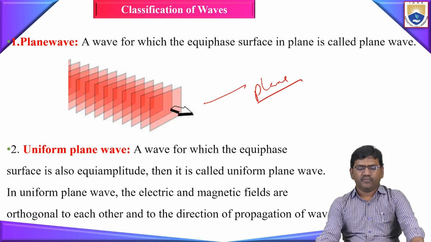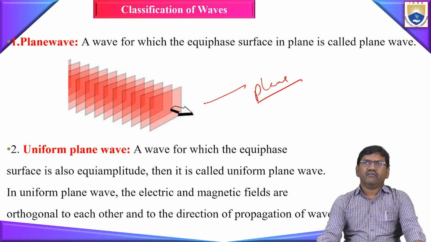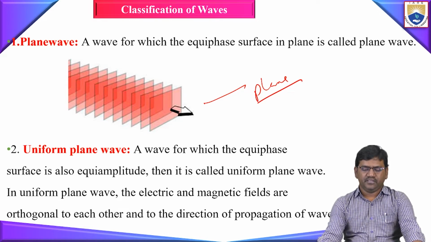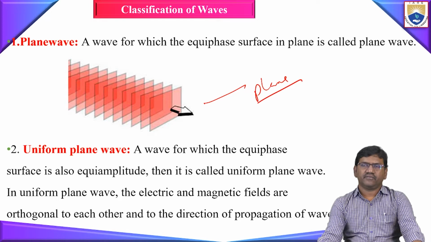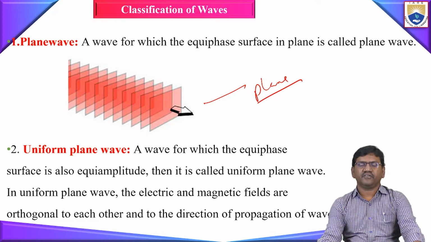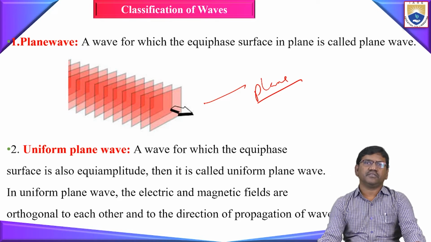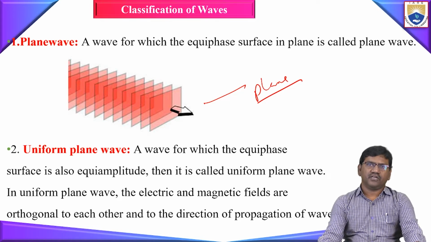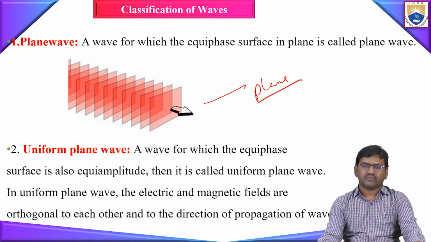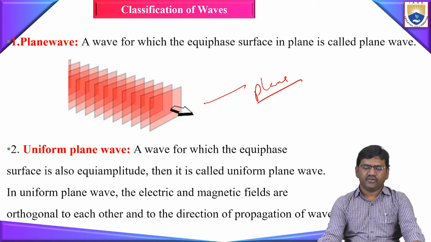And what is a uniform plane wave? A wave for which the equiphase surface is also equiamplitude is called a uniform plane wave. So the phase will be equal and the amplitude will be equal. Waves which have equal phase and equal amplitude, we call them uniform plane waves.